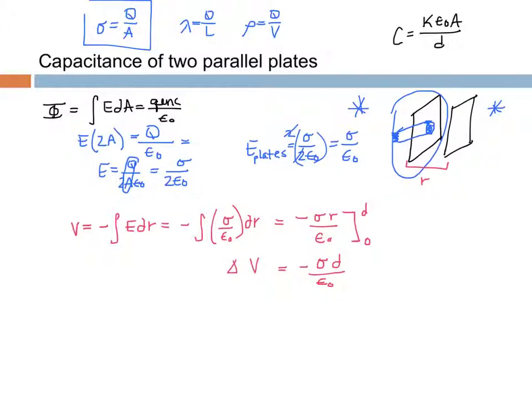We already know that my potential difference decreases if one plate is positive and the other one is negative, and we go from positive to negative. So again, the magnitude of it is just sigma d over epsilon naught. I'm going to go ahead and put my charge over area back.